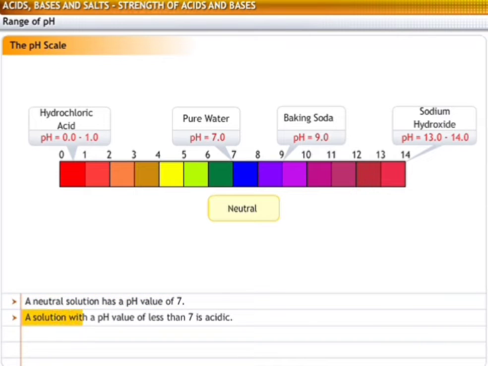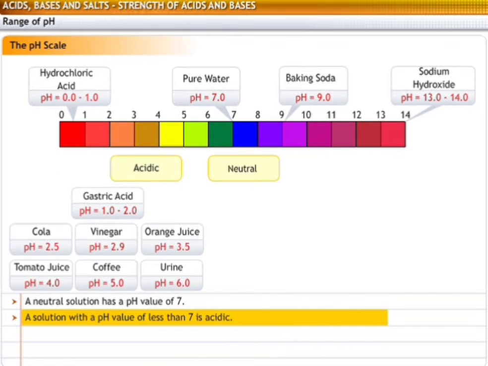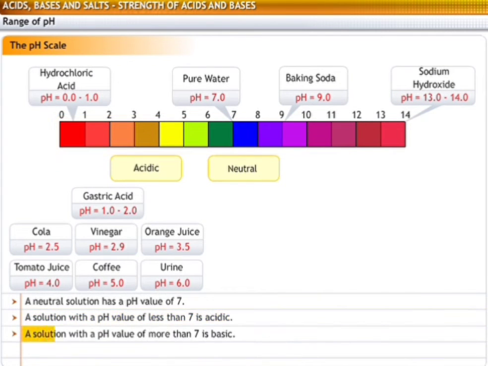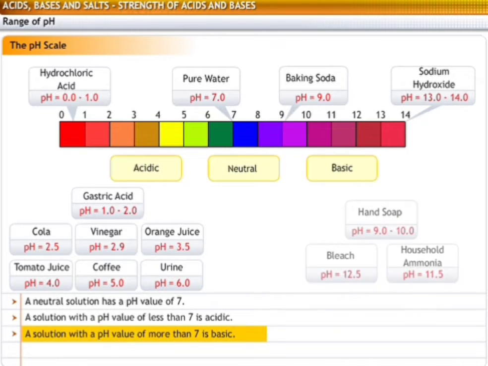A solution that has a pH value of less than 7 is acidic, and a solution with a pH value of more than 7 is basic. Therefore, baking soda is basic in nature and that is why it acts as an effective antacid.